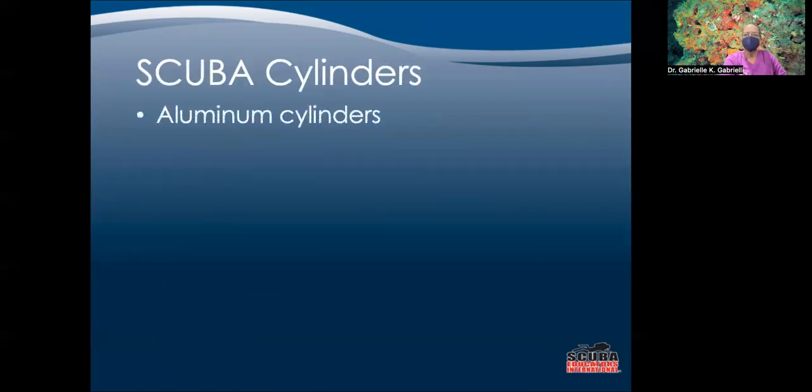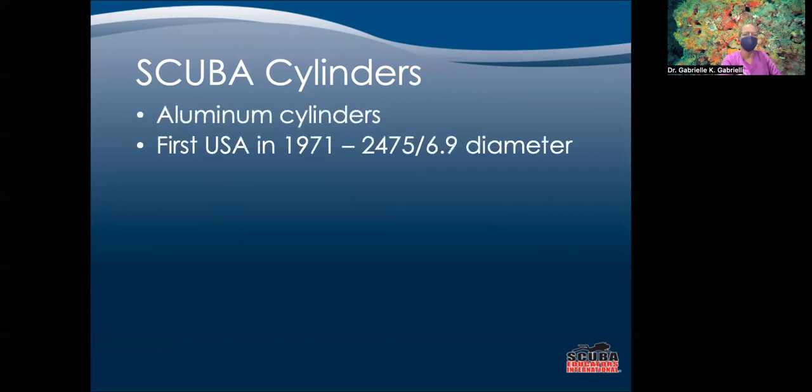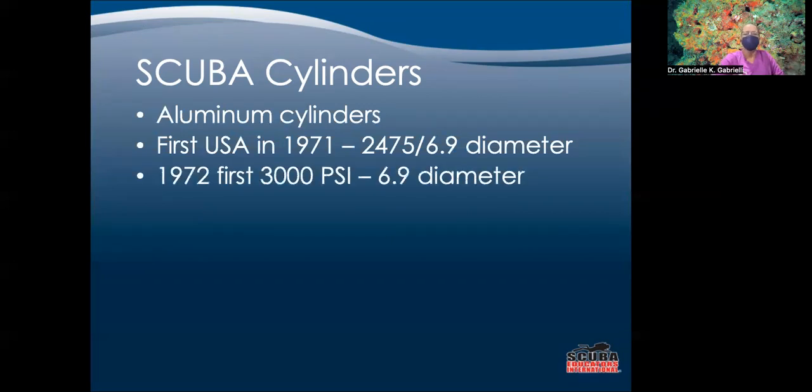All right, aluminum cylinders. First in the United States in 1971, and they were 2475 by 6.9 diameter. The average aluminum 80 is around 7.26 inches in diameter. So they were thinner then. I've had some donated to me, and they are definitely thinner back then. Also different aluminum used.